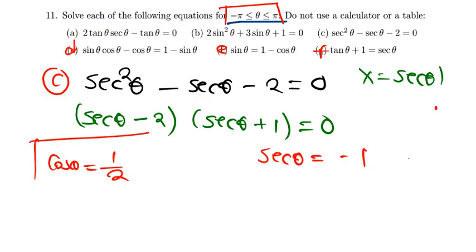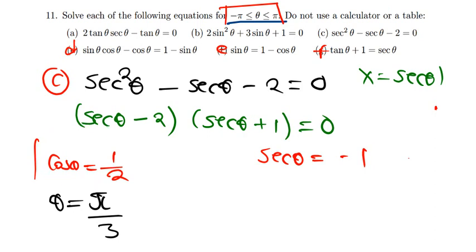So for cosine this is now 60, which is of course pi over 3. Okay, so pi over 3 is 60 degrees. That's the angle that is able to satisfy this.